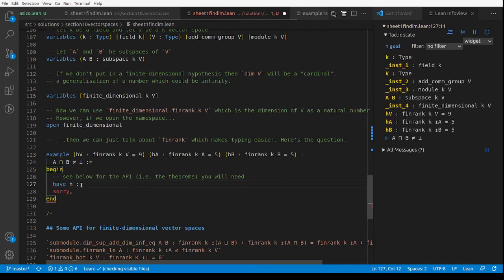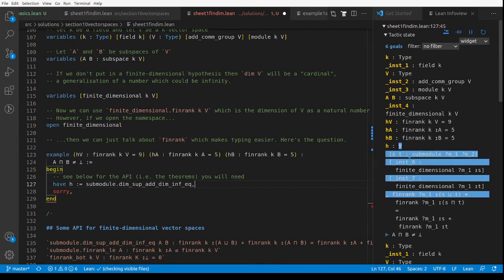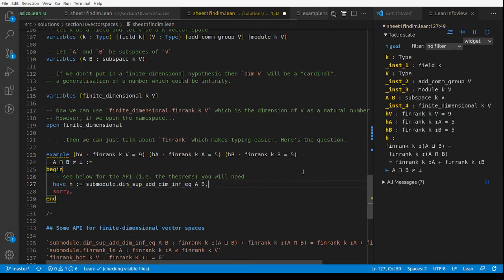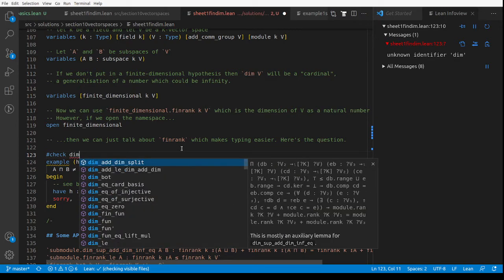H is going to be defined to be, let's put that first. H wants as input two submodules, so this would be A and B. So H says that the dimension, fin rank, is dimension. The reason you don't want to use the normal dimension, this is a bit technical, is that I should check what it's called.